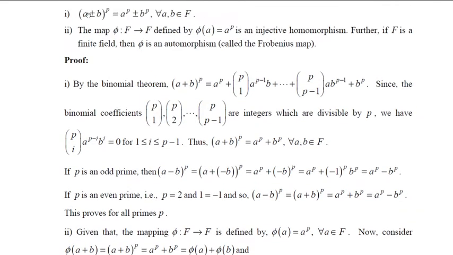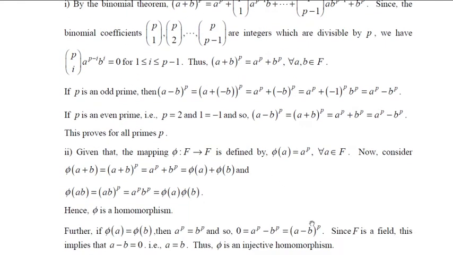But by the first proof, we have proved (a minus b) whole to the power of p is a to the power of p minus b to the power of p. By that, we can write like this. And this can be factored into (a minus b) into (a minus b) whole to the power of p minus 1. And you know that the product of any two numbers equal to 0 in an integral domain, provided one of them is 0.